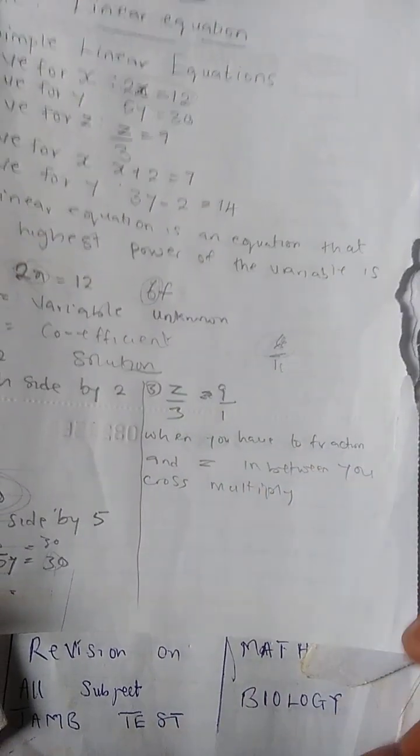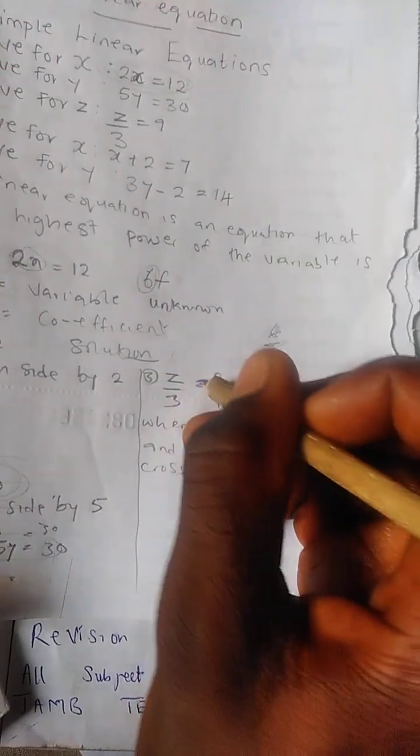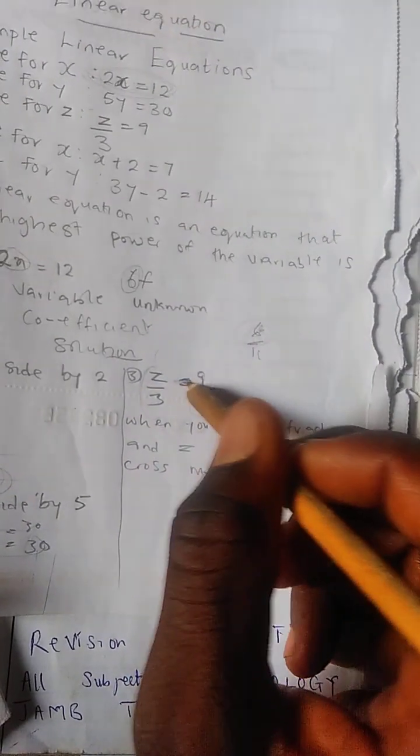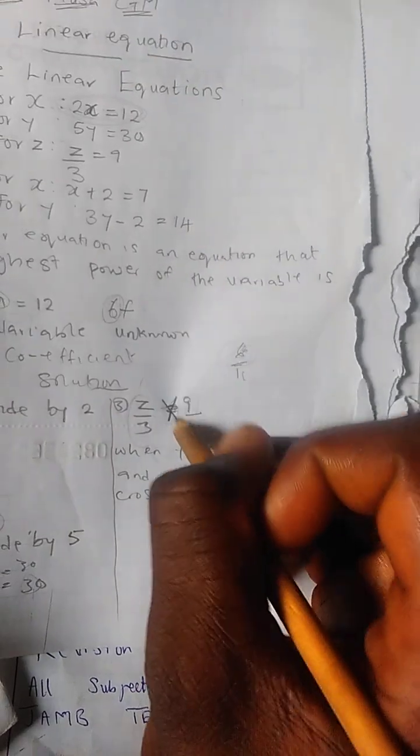Very simple. So this is a fraction and this is also a fraction with an equals sign in between them. The next step is to cross multiply.